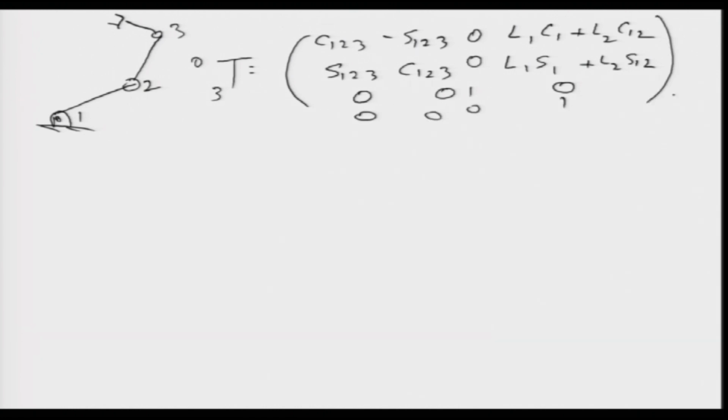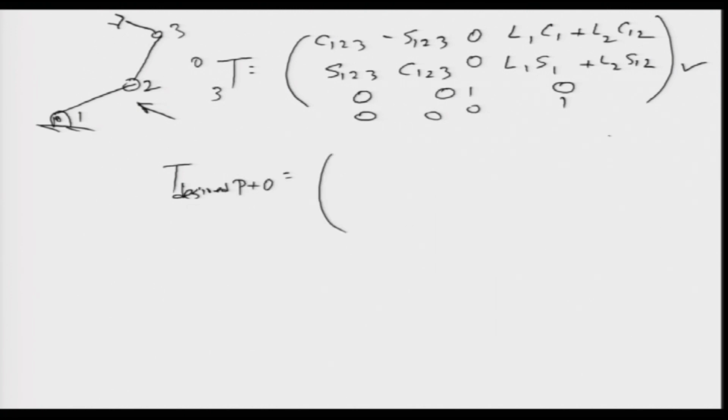So for this manipulator system, the relationship between the third frame and the 0 frame is given by this matrix. Now we take this matrix and equate it to the desired position plus orientation matrix.